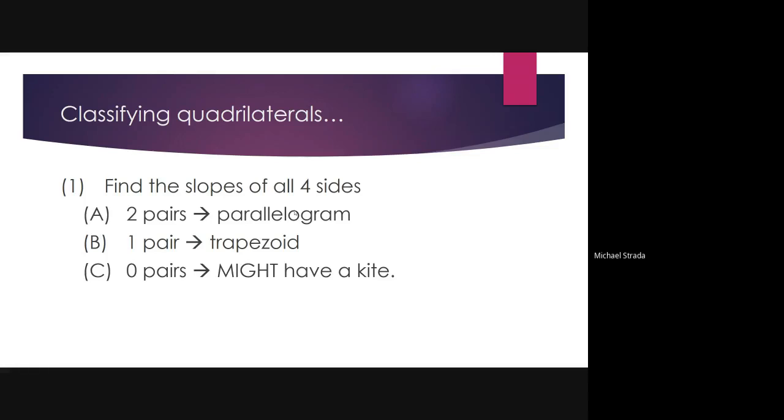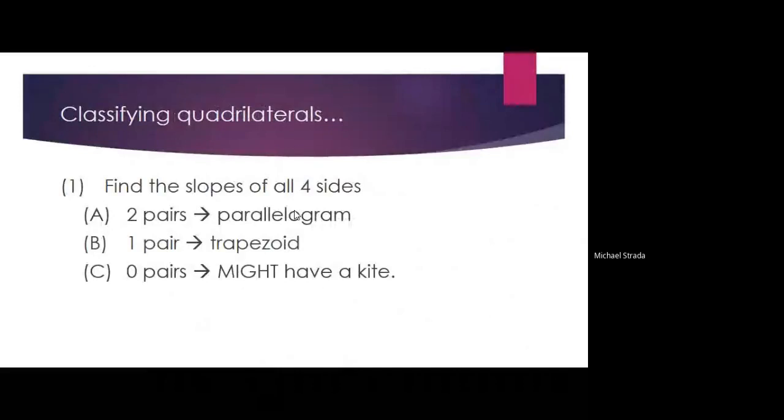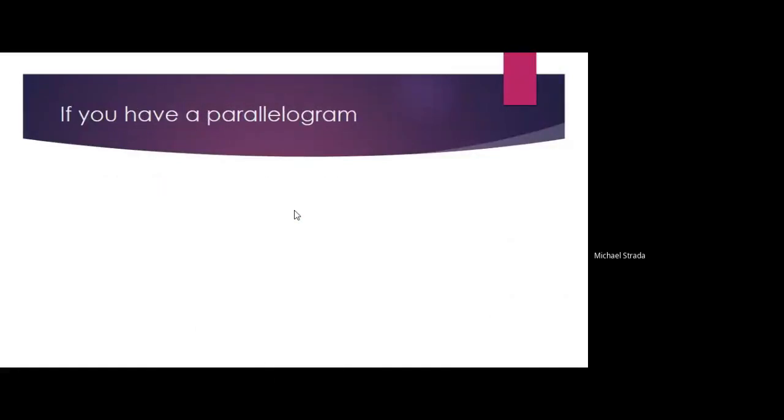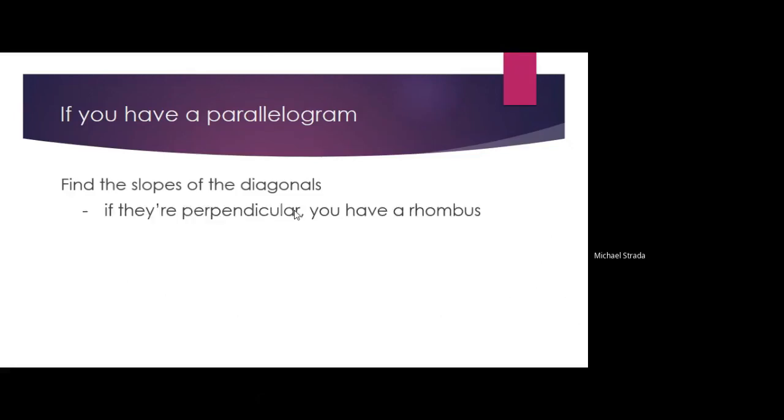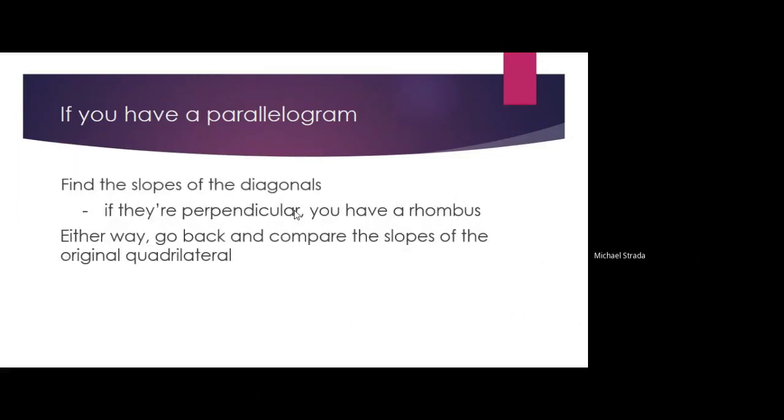But that is not all. If you have a parallelogram, find the slopes of the diagonals. If they're perpendicular, you have a rhombus. Either way, go back and compare the slopes of the original quadrilateral.